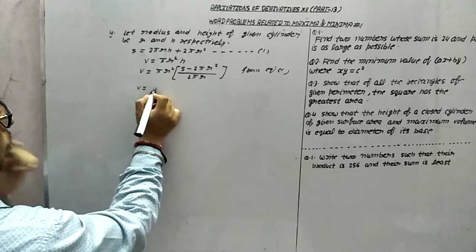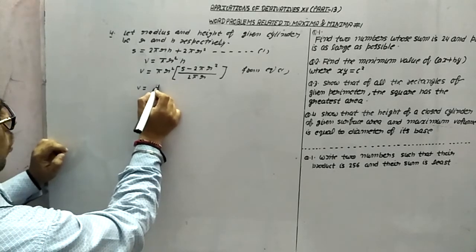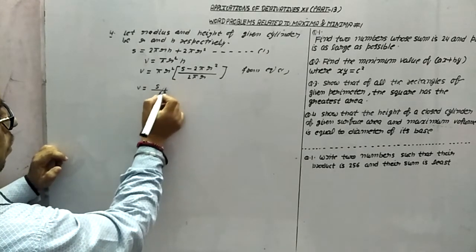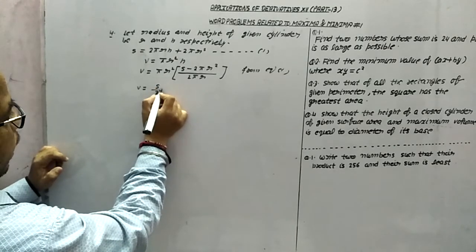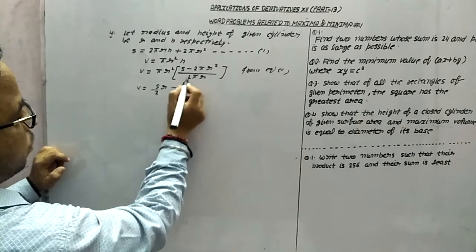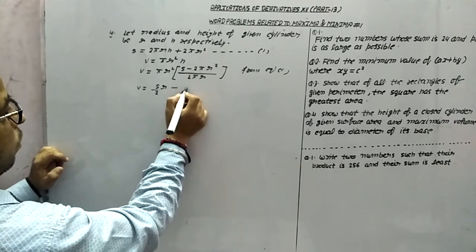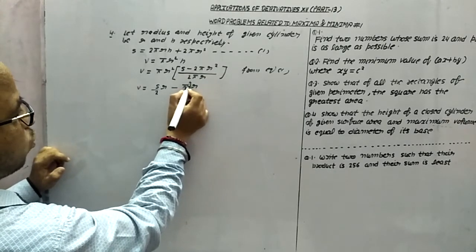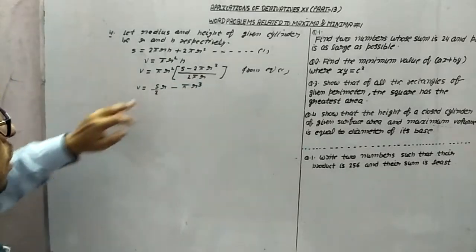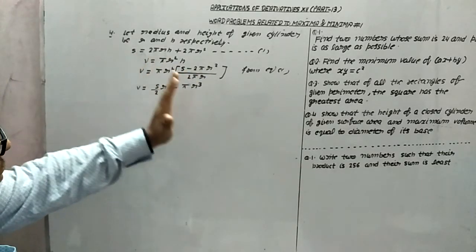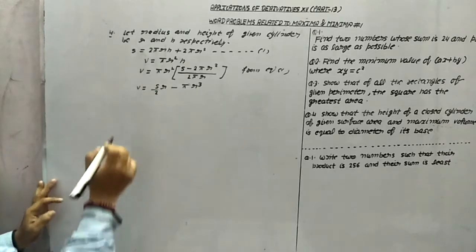So V is equal to S upon 2 times r, minus pi r cube, since the 2 pi r cancels out and one r comes from the other part.